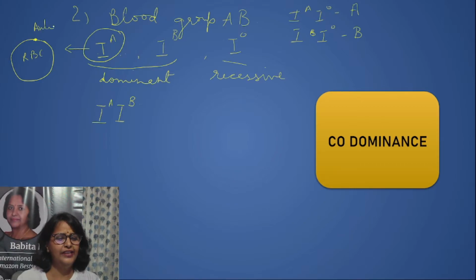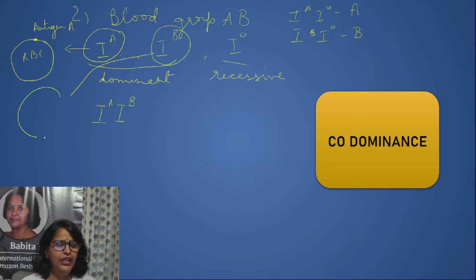So antigen A is produced on RBC. Similarly, this IB will produce antigen B. We write antigen in capital. So antigen A is produced by IA and antigen B will be produced by IB.